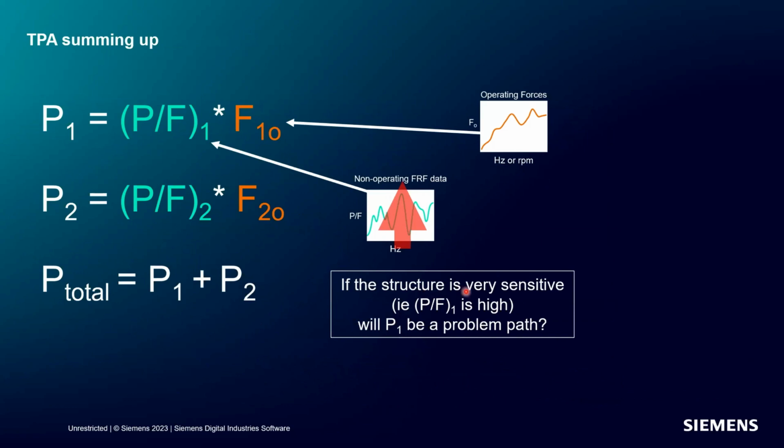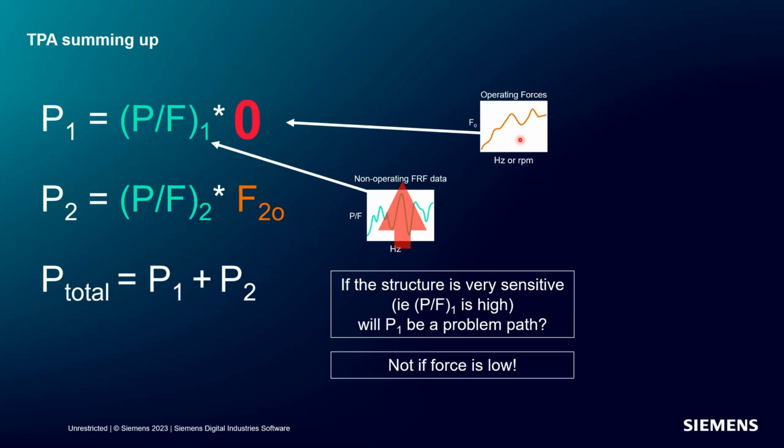And we might have a structure that's very sensitive. For a very small amount of force, this FRF generates a lot of sound pressure at the receiver location. So you might look at the FRF and say, this is probably the problem. The structure is too sensitive here at this location 1. But there's a reason why we have both forces and FRFs.